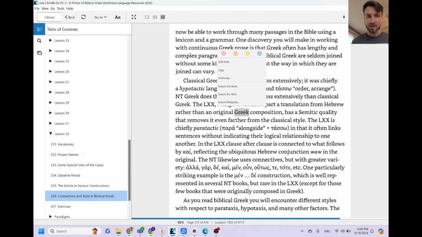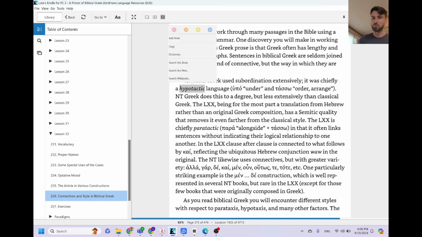Where hypotactic, you see this in Greek a lot more, where you can have a whole sentence be a paragraph long, stacking on participles.